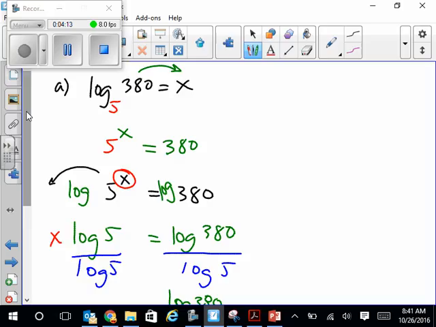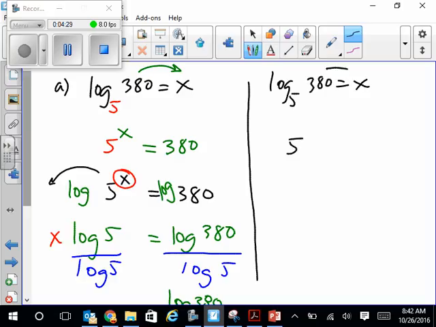The thing you have to add is the log. In any of these exponential problems, the log is important. And then in your calculator, you just hit log 380, close the parenthesis, divided by log 5, close the parenthesis, the end. So this is the short version that you will learn to do after you've done the long version a bunch of times. But you got to know both versions, especially the long one.